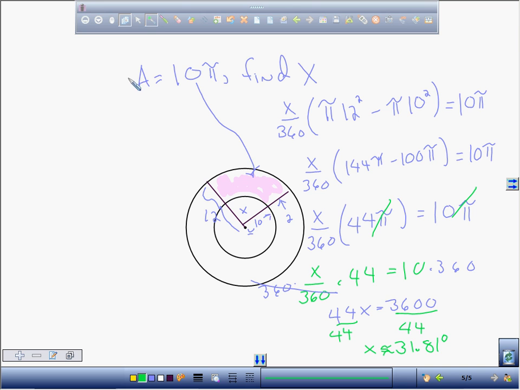I have a question. I don't know how you tell how to combine the equation. Well, because I know that just this by itself would be pi big R squared minus pi little r squared.